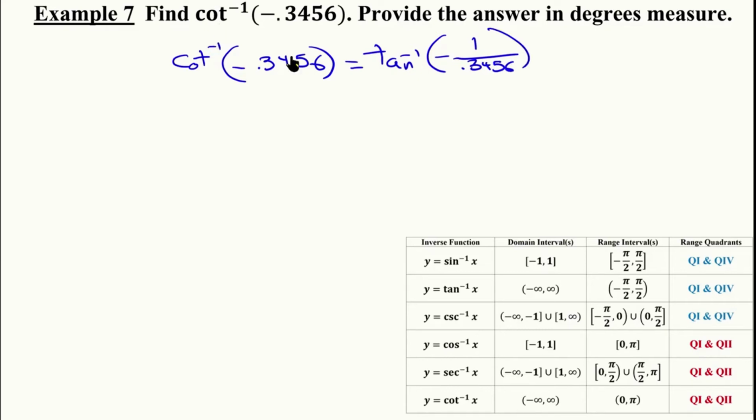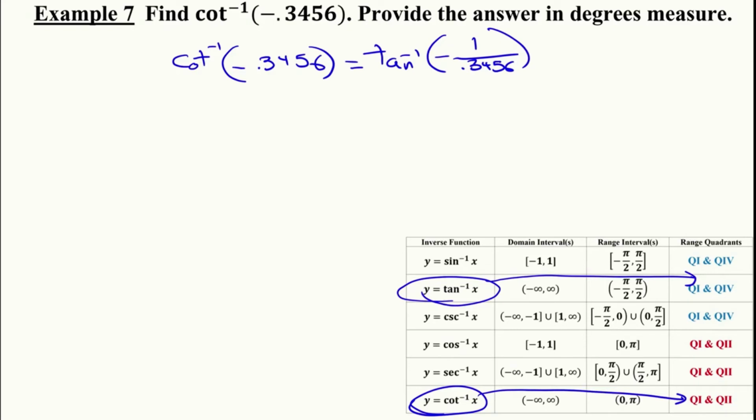This is one of those that you really have to be careful with, because notice here for inverse tangent, it gives you outputs in quadrant 1 and quadrant 4. But look down here at inverse cotangent, its outputs are in quadrant 1 and quadrant 2.